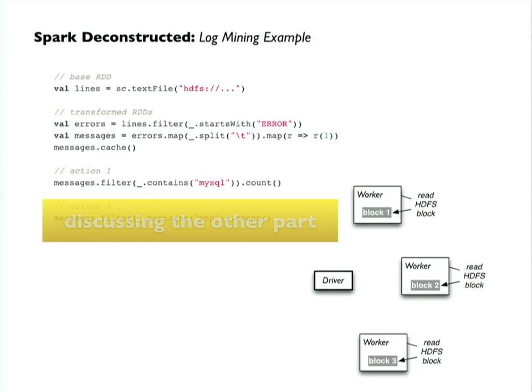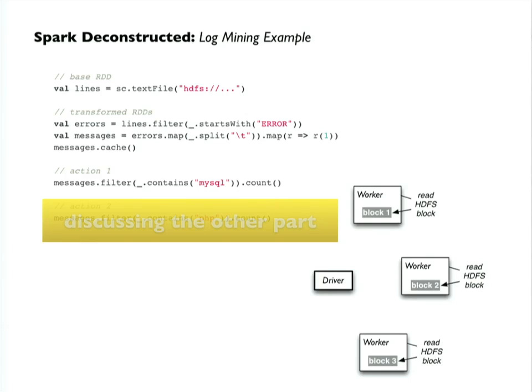Since there's a cache command there, how does that affect things if there are any changes in messages? If there are updates to the data in the RDD messages, how would those propagate through the cache? That's an excellent question.